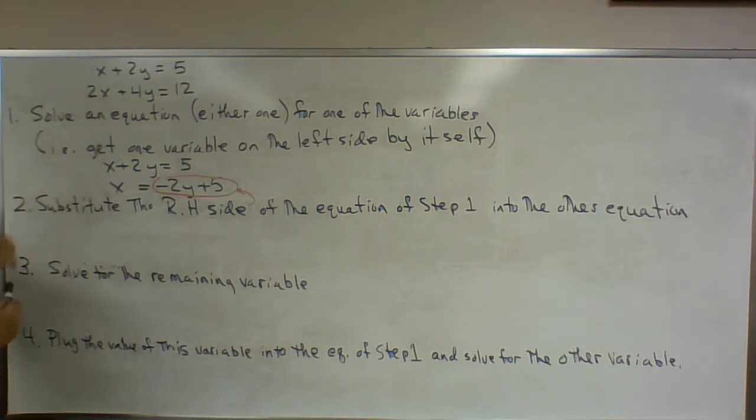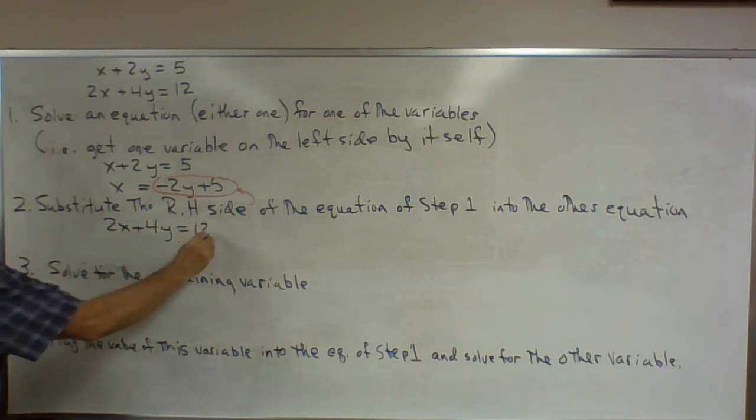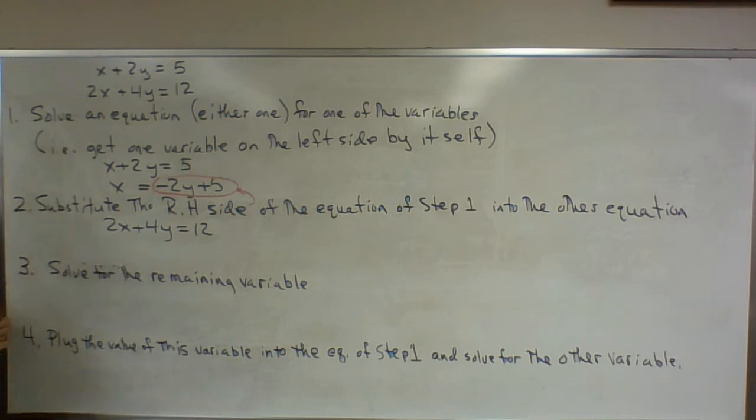Here's the other equation. 2x plus 4y equals 12. Substitute this in for x in the other equation. So we'll take 2x, which is 2 times negative 2y plus 5.